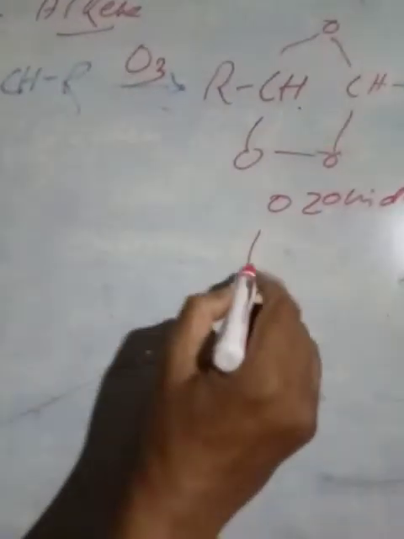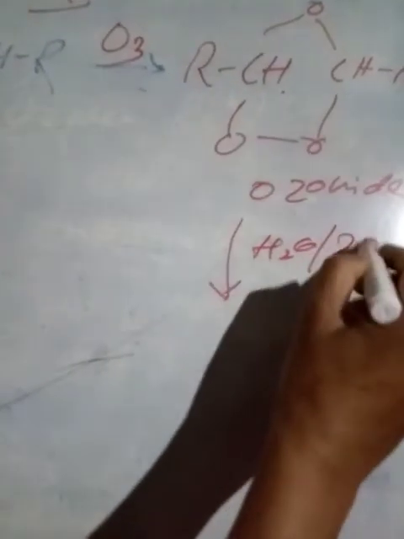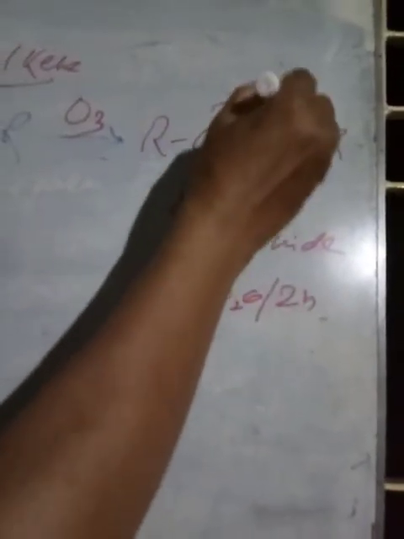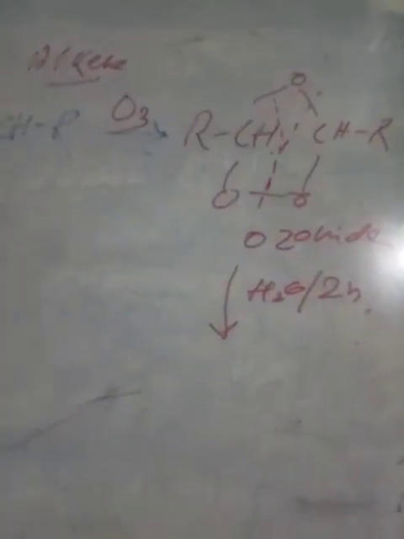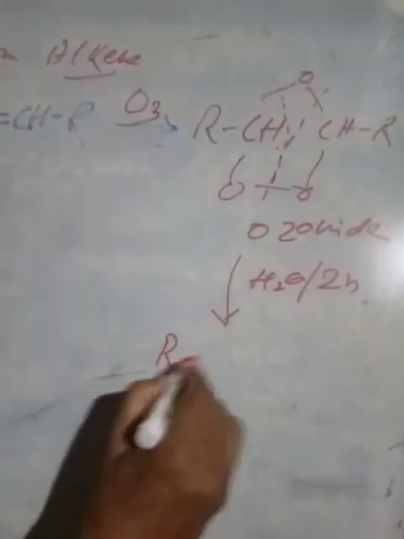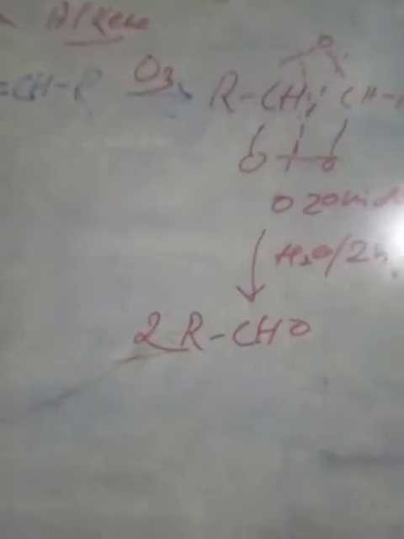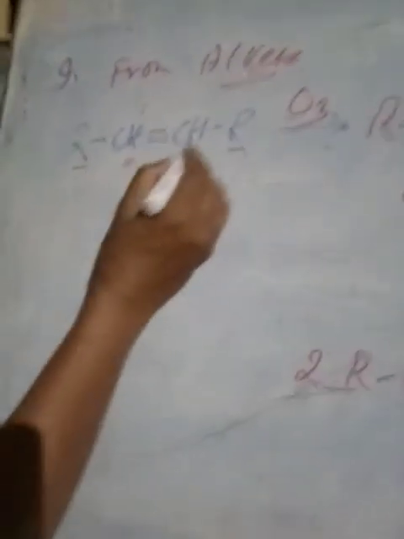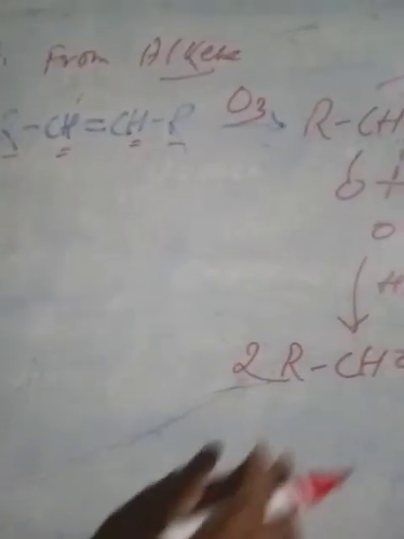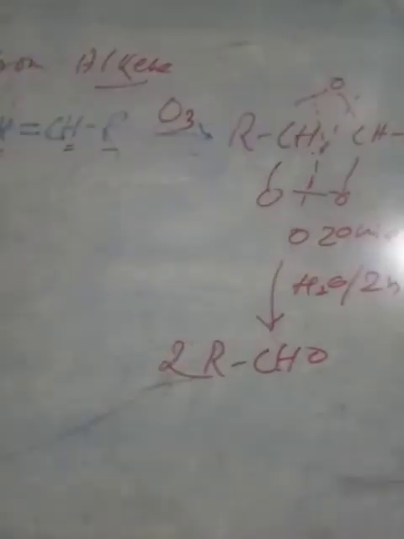On hydrolysis in presence of zinc, there will be rupture of the bond here with this dotted line, and we will get RCHO, 2 molecules of aldehyde. If these are 2 H atoms, you will get formaldehyde. If these 2 hydrogen atoms are alkyl groups, you will get ketone. This is process A, from alkene.